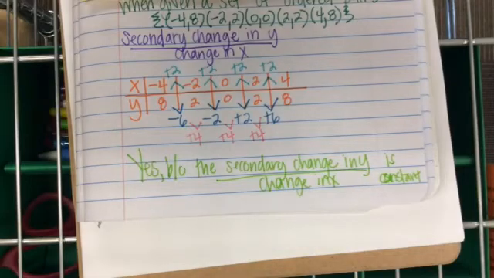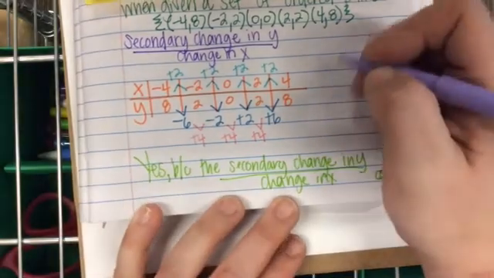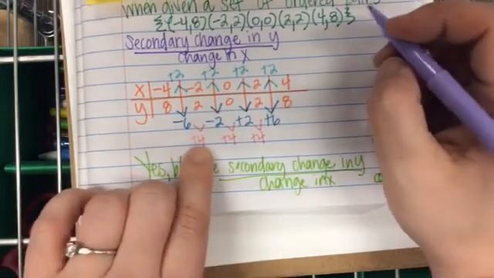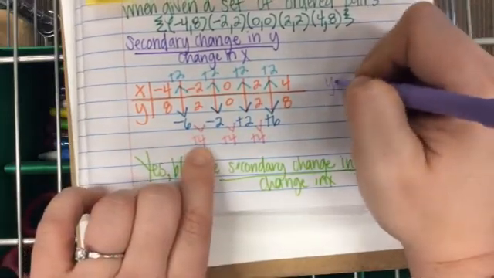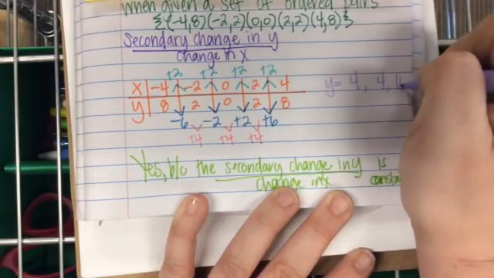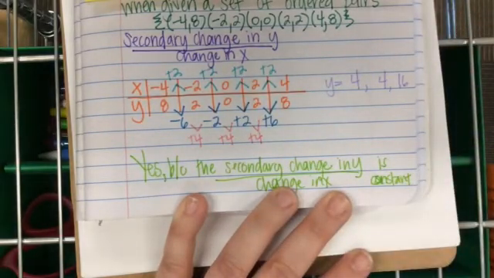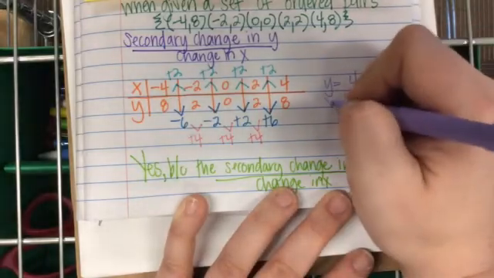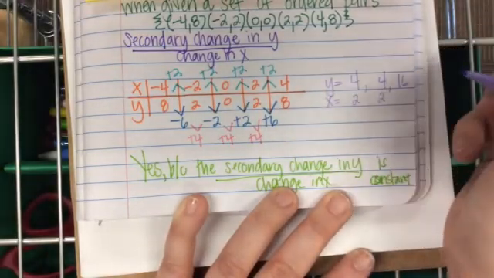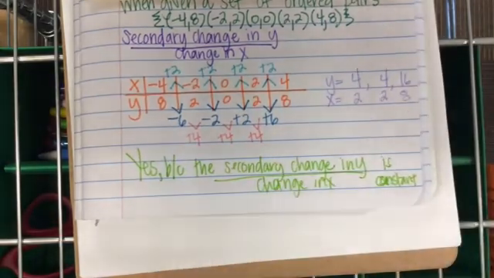Now, what if you did all of this work, right? You found your changes in y's, you found your changes in x, and you had something that looked like this. Your change in y was 4, 4, 16. And your change in x was 2, 2, and 8.